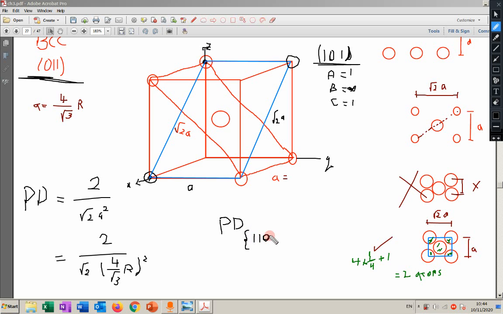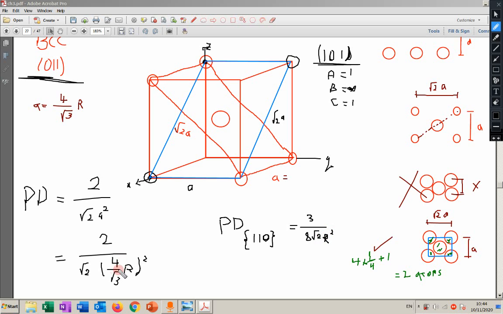Any family member of this combination, their planar density is equal to 16 over 4 squared... let's write it down: it's going to be 3 over 8 root 2 r squared.